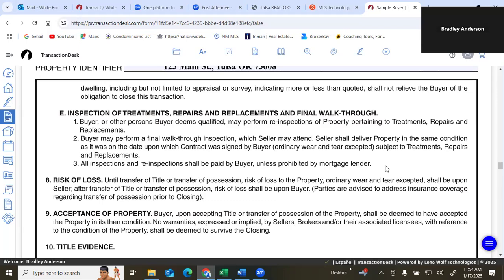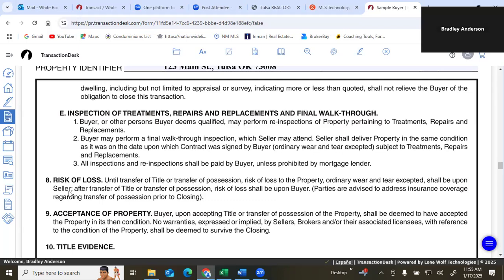Okay. Risk of loss. Well, until transfer of title or transfer of possession, risk of loss to the property, ordinary wear and tear excluded, shall be upon the seller. All right, so what does that mean? If the closing date is February 1st and January 31st, a tornado comes through and wrecks the home, well, buyer hasn't taken possession yet.